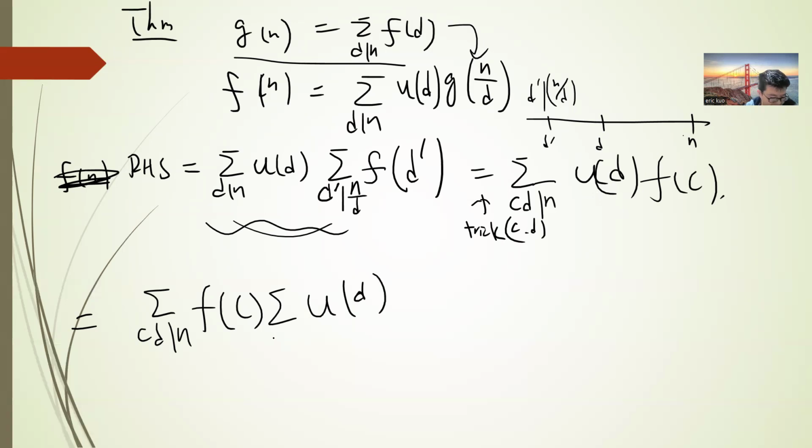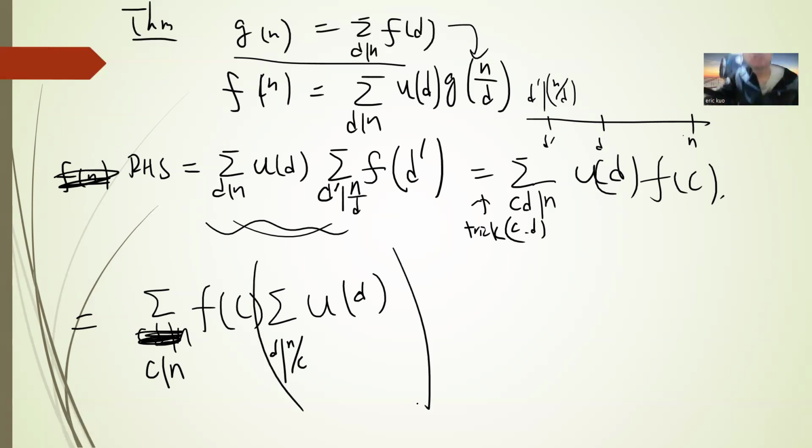If I change to this notation, then I need to fix c, and wherever I fix c, then it becomes n divided by c. So this means that I take c as a factor of n, and wherever I pick c, I pick another d, which is n divided by c.